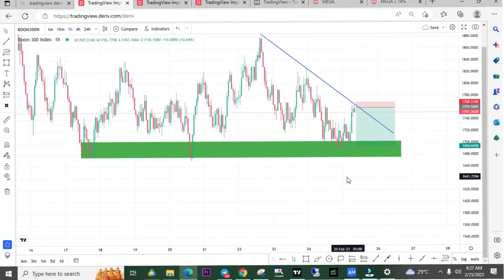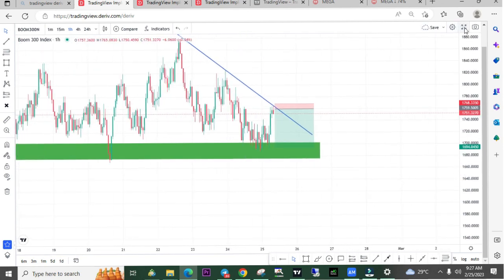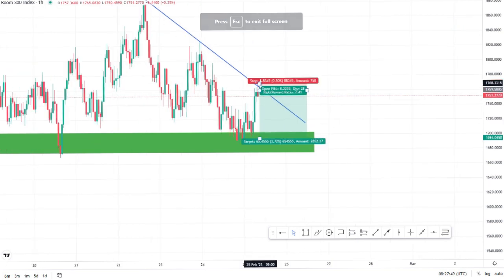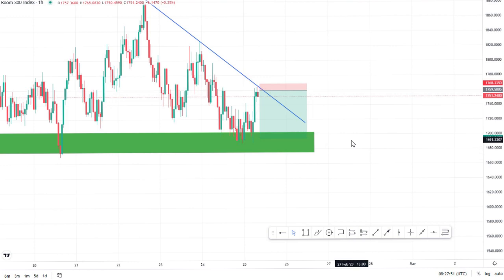So how I trade or how I make my entry, I have these things called the risk entry and reduced risk entry. That's basically for my mentees. They know already what I mean by risk and reduced risk entry. Basically I enter my trade based on what the price is giving me or what the price is saying, right?